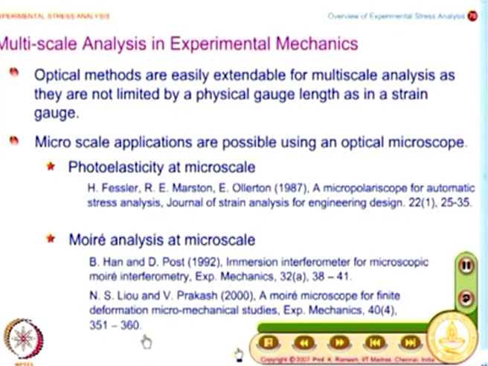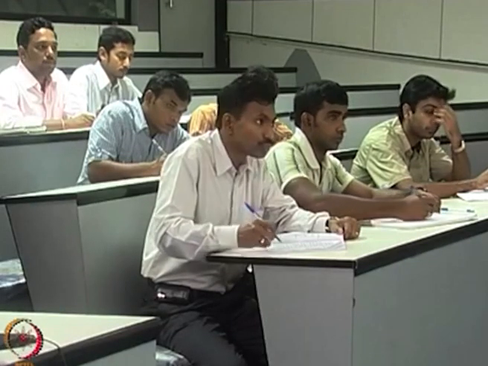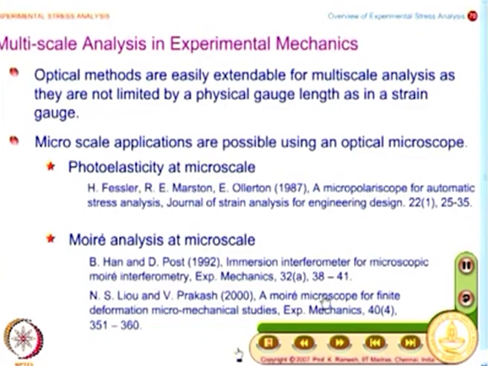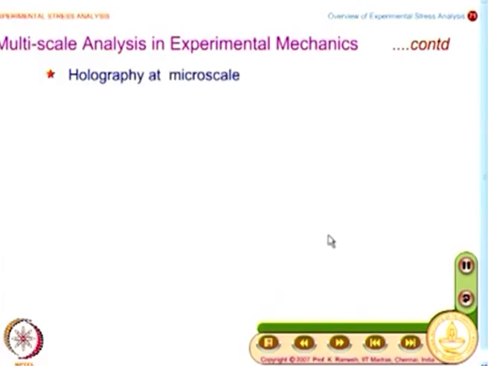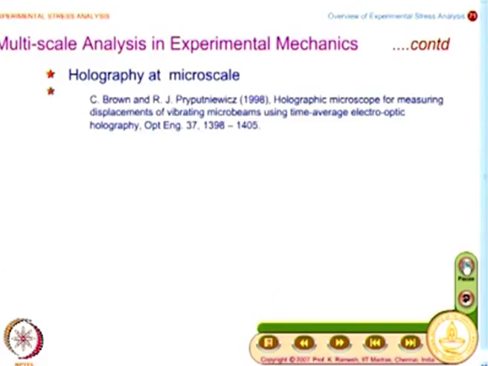This information is sufficient for you to look for these journal papers later, and likewise we are going to do it for each technique, the available key references. You will have several references given at the end of the paper, that will also give you an idea in what way you can go about.